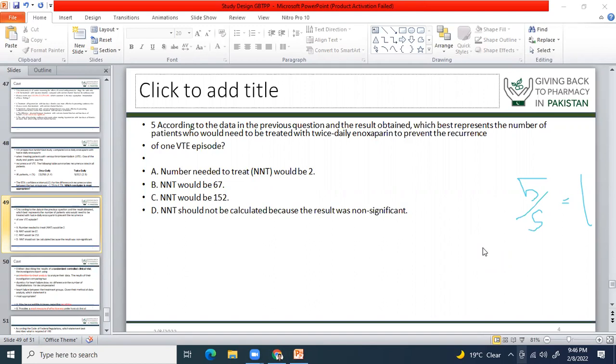I told you, we cannot find number needed to treat. What number needed to treat actually is: if you want to treat one patient, you have to give this medicine to this many people. So if number needed to treat is 2, it means I will give medicine to 2 people to treat one patient at least. So if it is non-significant, then how can I treat it?